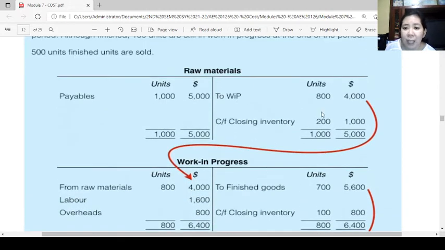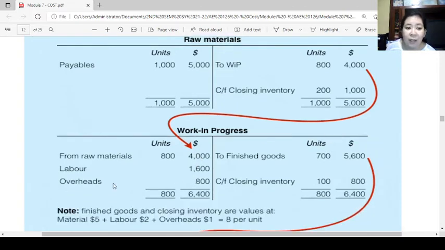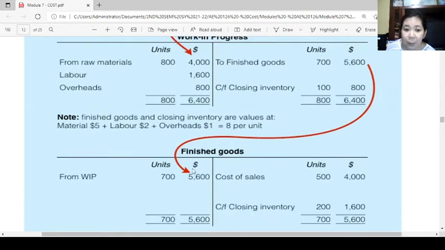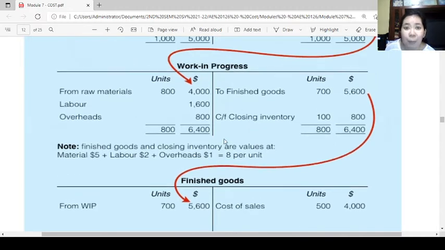And then those items which were taken out of the raw materials and placed in production, we will debit in our work in process, along with the labor and overhead. Once this process is completed, the items of 700 units will be transferred to our finished goods. So we will debit this transfer to finished goods and credit work in process.